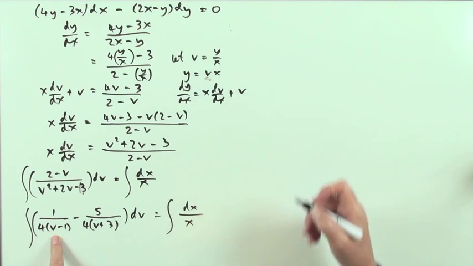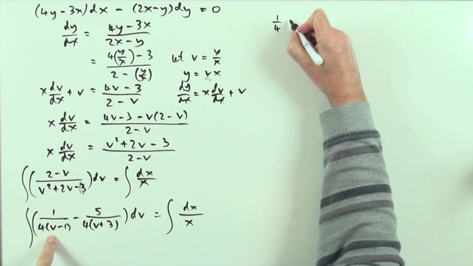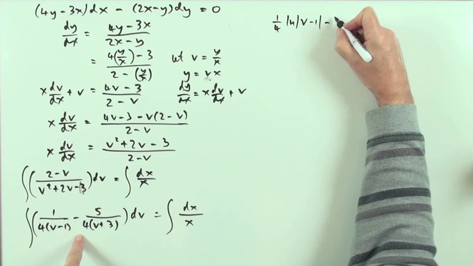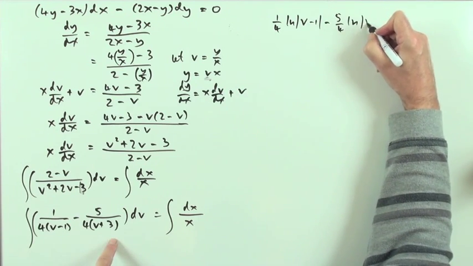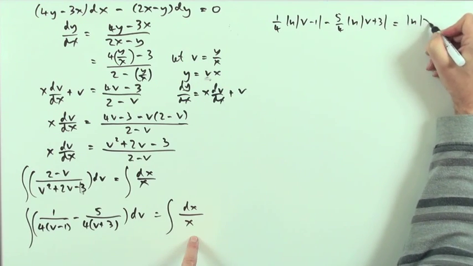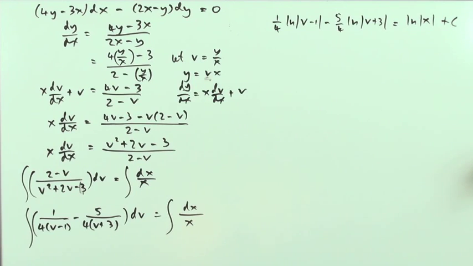So going up to here, integrating the two parts, I'm going to have a quarter of ln of v minus 1, minus 5 upon 4 ln of v plus 3 is equal to ln x plus some constant. I'm just going to pop that inside there in the next stage.